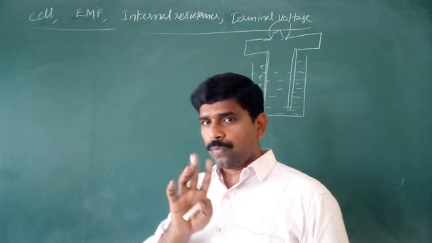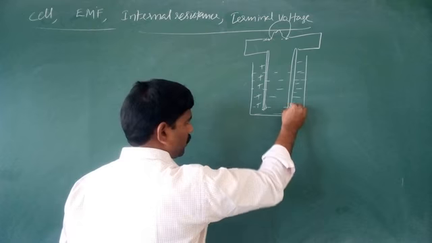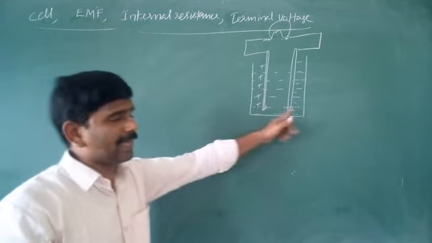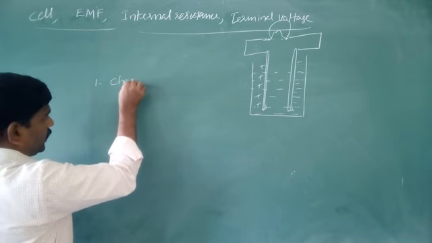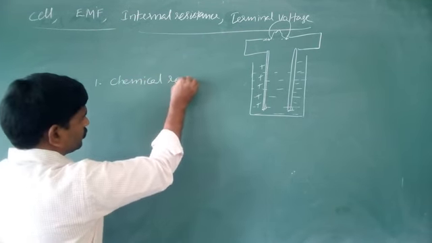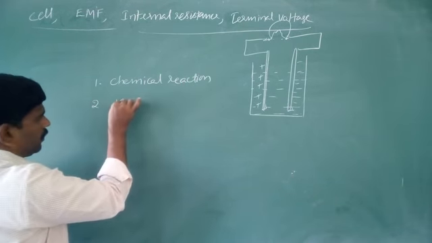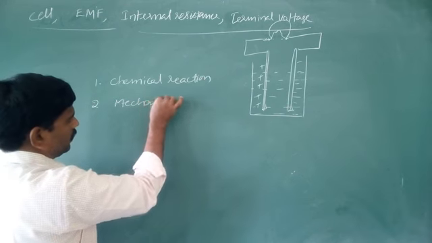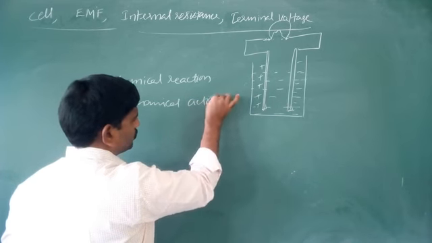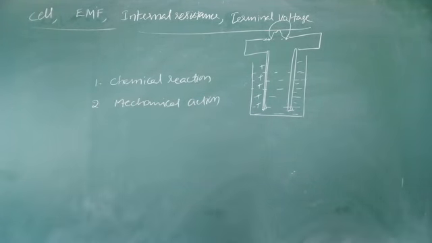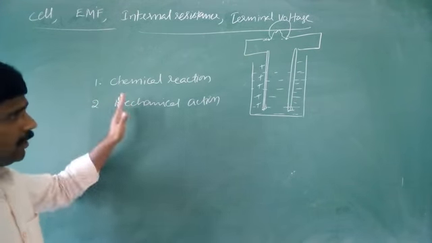So there are two ways by which we develop the potential difference across the ends of the conductor, that is the electrodes. First is the chemical reaction, and second is the mechanical action. These are the two ways.